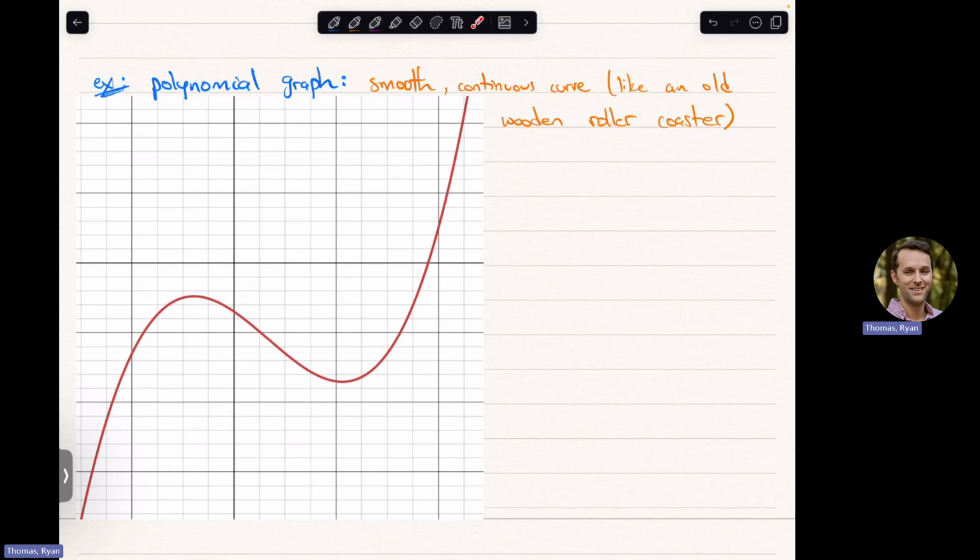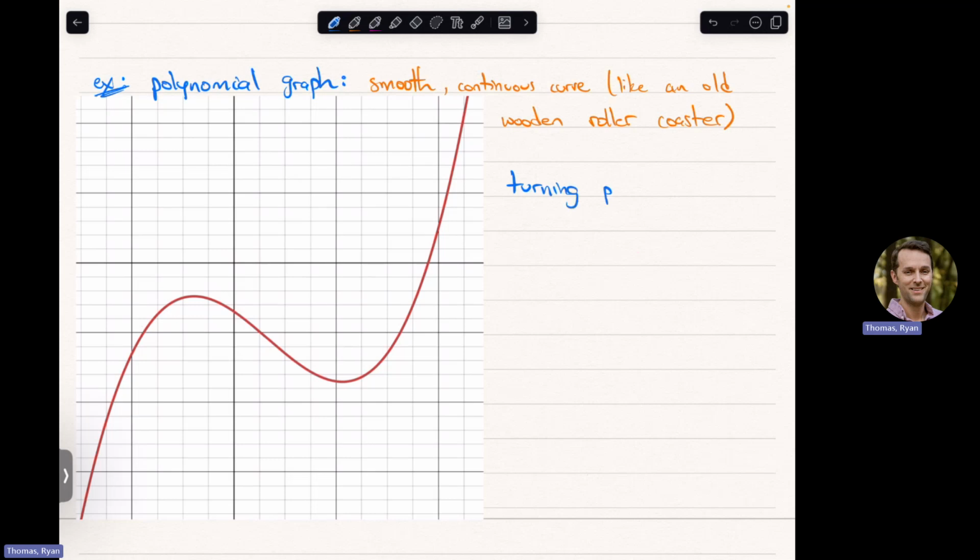So they go up, they go down, but it all happens gradually, right? So none of this kind of stuff can happen. It's always a smooth curve. If you zoomed in close enough here, it would almost look straight. That's the idea. Terminology that we need.